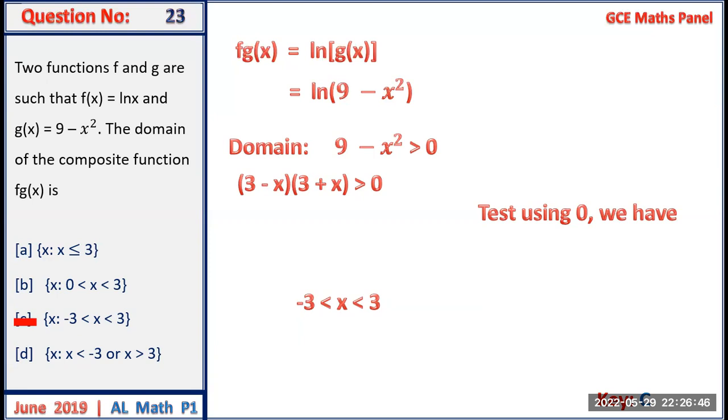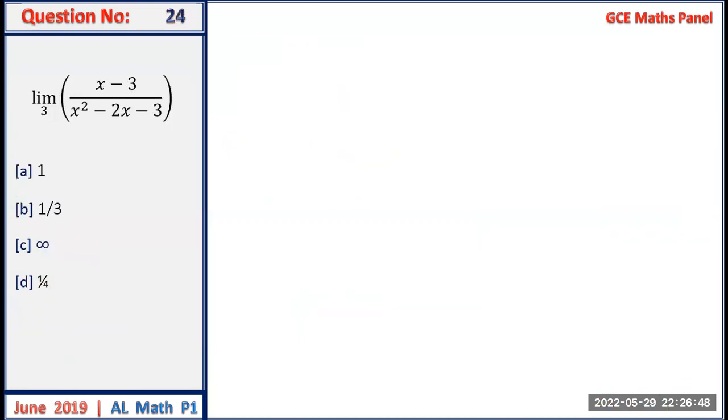Question 24. What is this limit? How do we get this limit? Okay, we start by factorizing the denominator, because if you just put 3, you are going to have 0 over 0, which is not making sense.